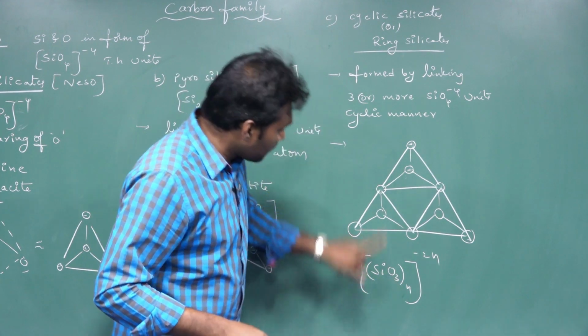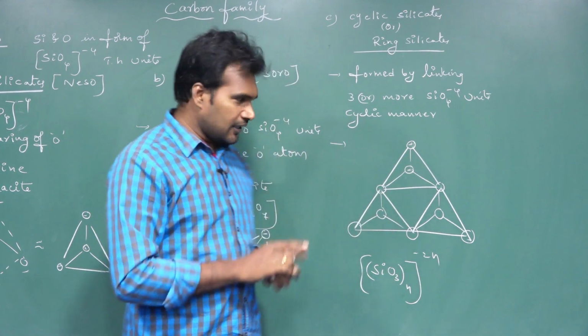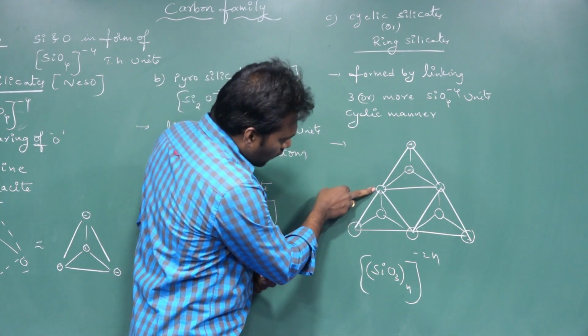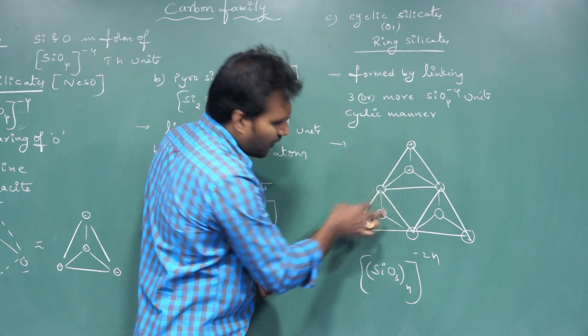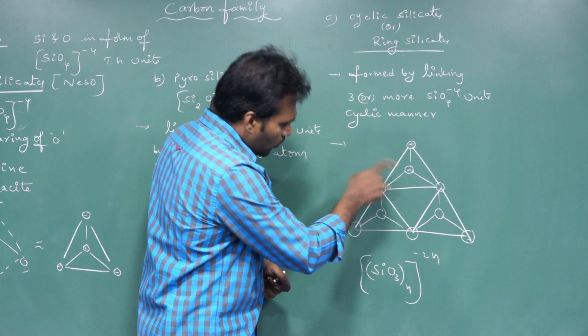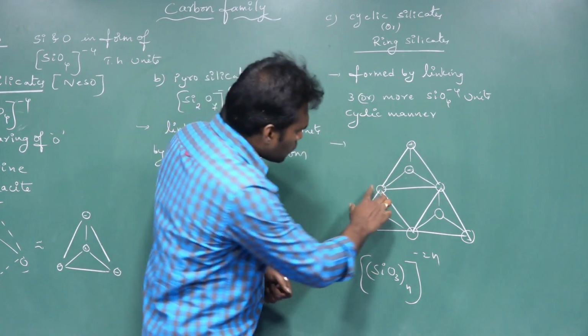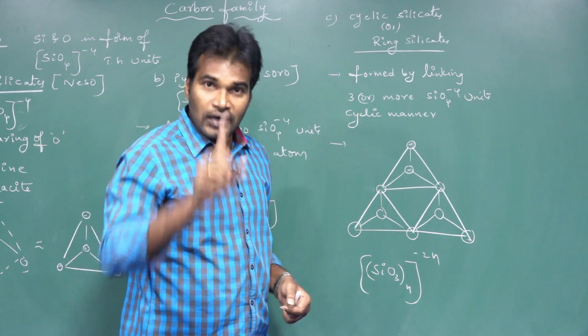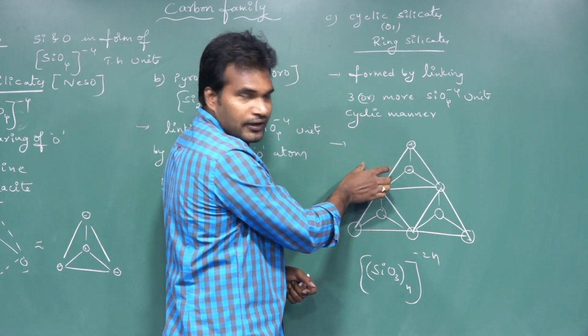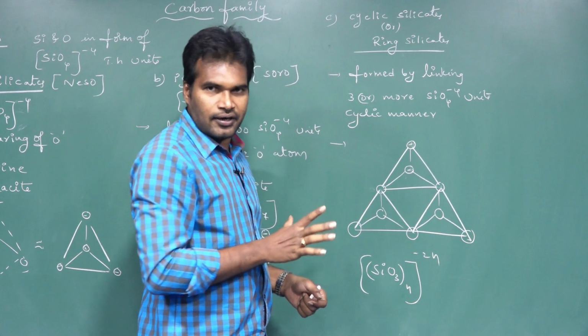Why SiO3? It is SiO4 normally. But if you take this shared oxygen, it is shared by 2 tetrahedral units. That means how much part belongs to one particular unit? Only half. So half an oxygen belongs to this tetrahedral unit, half to the other.